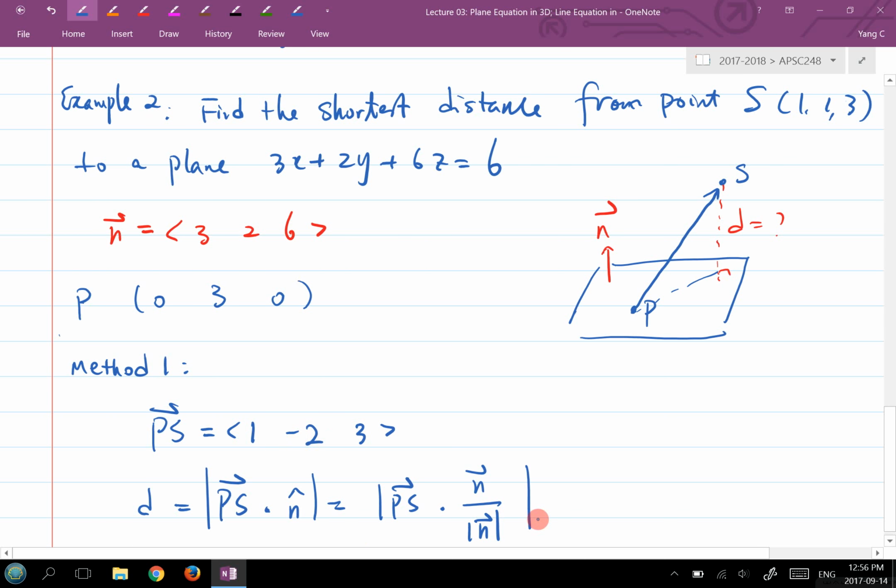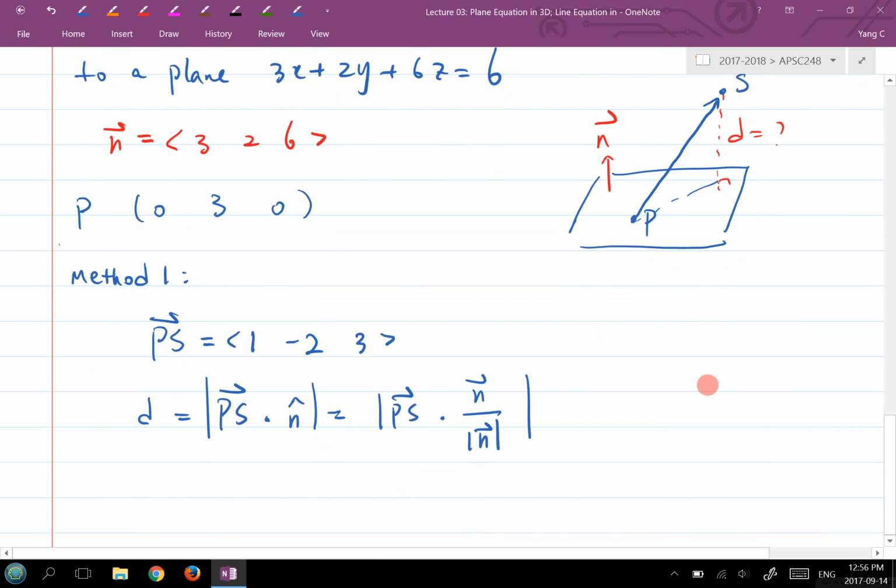So make sure to avoid that type of mistake. I substituted all the information into this expression, and the calculation should be fairly straightforward, and you get 17/7. That will be the shortest distance from the point S to the plane.